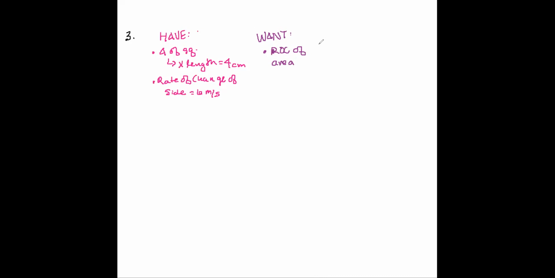Because what I want is the derivative of A with respect to t, the rate of change of the area with respect to time, which I can write pretty easily as dA dt. And so we know what kind of problem we're going to be setting up. And then what can I turn this rate of change of the sides into? What is this equal to in math lingo?